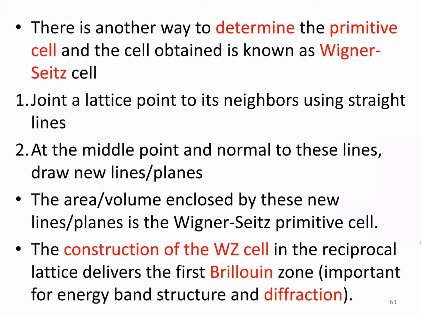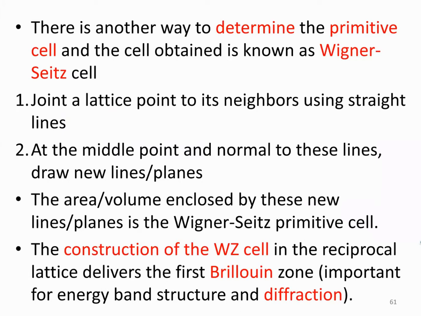So there's another way to determine the primitive cell and the cell obtained. We call it a Wigner-Seitz cell. So how to draw the Wigner-Seitz cell? These are the procedures. First, you need to join each lattice point to its neighbors using a straight line. Secondly, at the middle point and normal to this line, you have to draw a new line, or new plane in 3D.